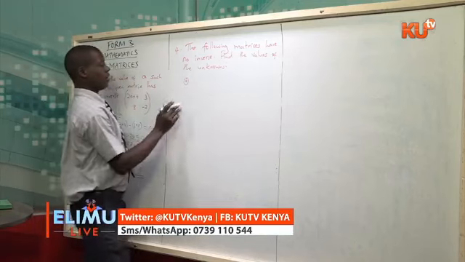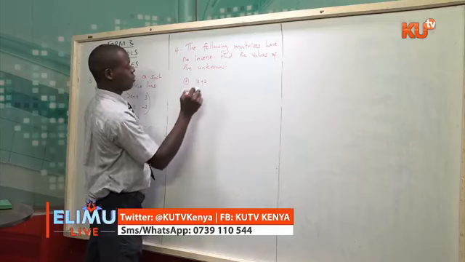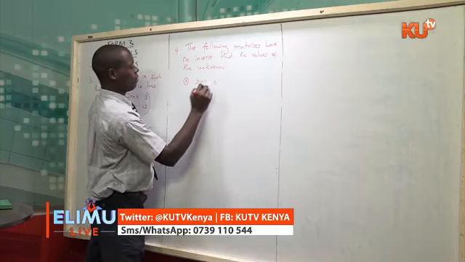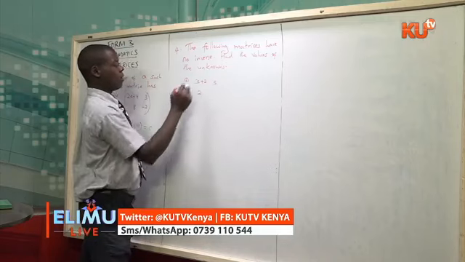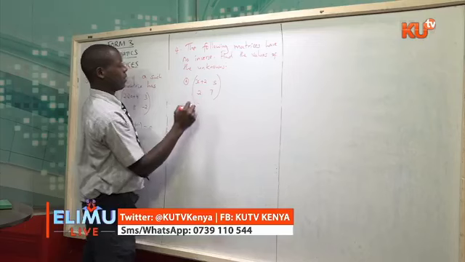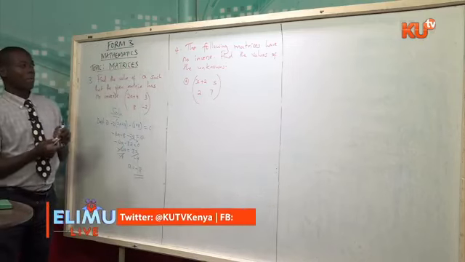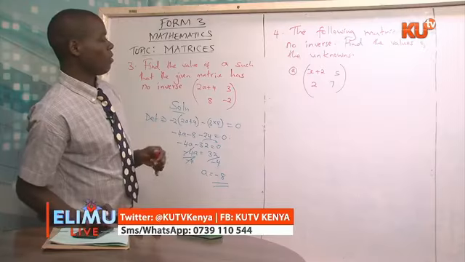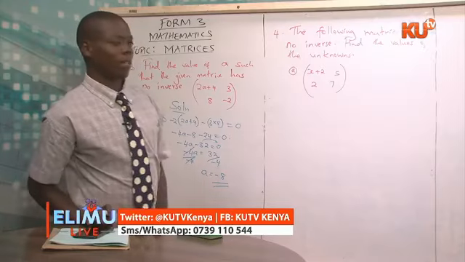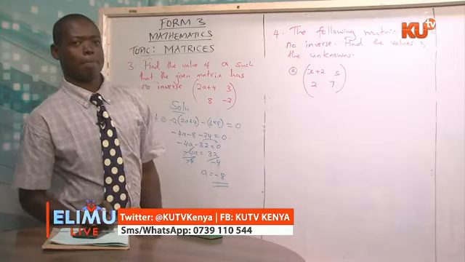The first matrix that we are having is a matrix x plus 2, then we have 5, 2, and then we have this as 7. That is the first matrix. Now the matrix x plus 2, 5, 2, 7 has no inverse. Again, has no inverse is what guides us.